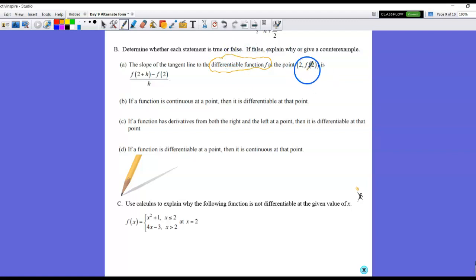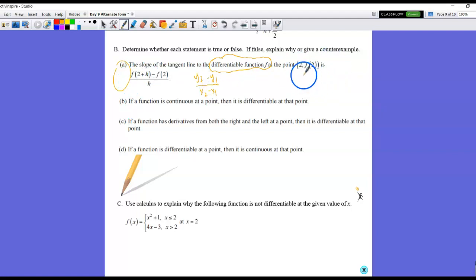At the point 2, f of 2 is, so over here I see a difference quotient. I see a y2 minus y1 over, and h can represent x2 minus x1. What I do not see is a limit statement. So I cannot be expressing the derivative in calculus format if I don't have a limit statement.